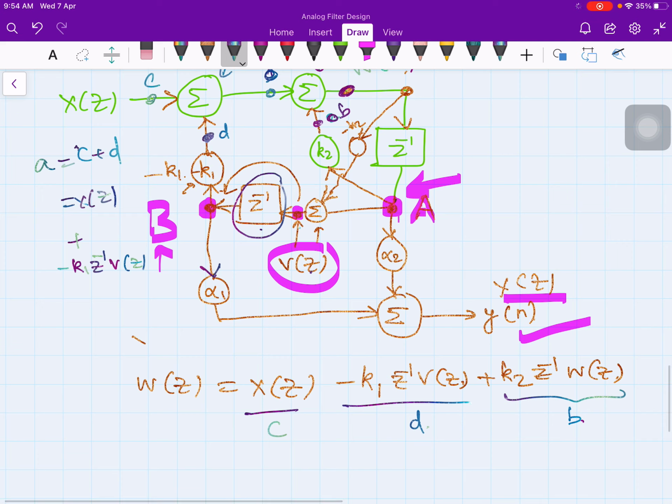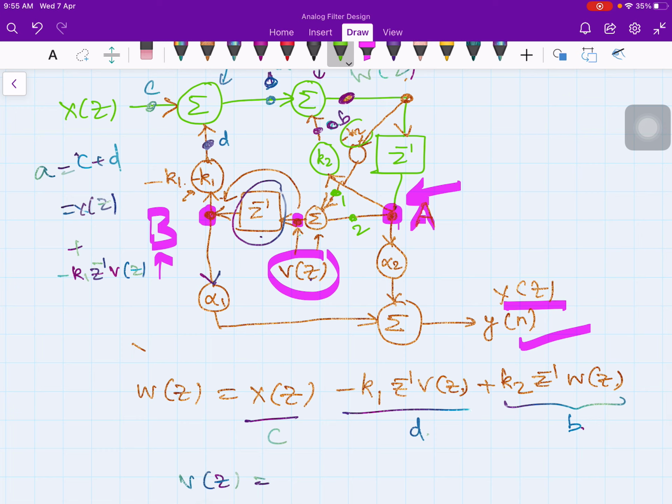And I think v of z is pretty easy to write. V of z, again 2 points. Let me use, this is 1 and this is 2. So what is 1? 1 is, there is a scalar multiplier, minus k2 times w of z, right? Then w of z is delayed by this delay, so z inverse w of z.